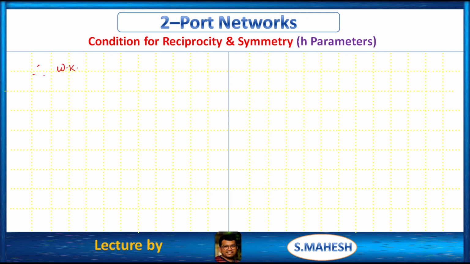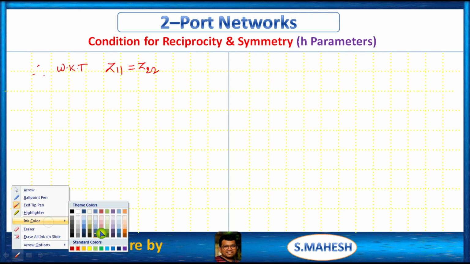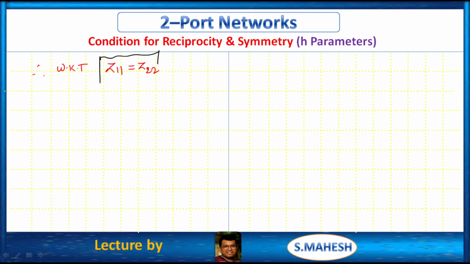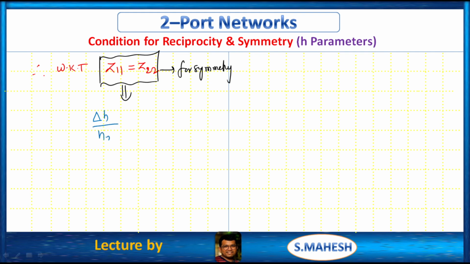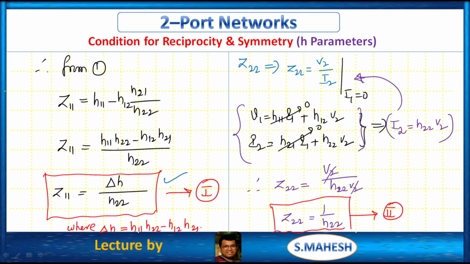Here Z11 is delta H by H22, which equals Z22, which is 1 by H22.